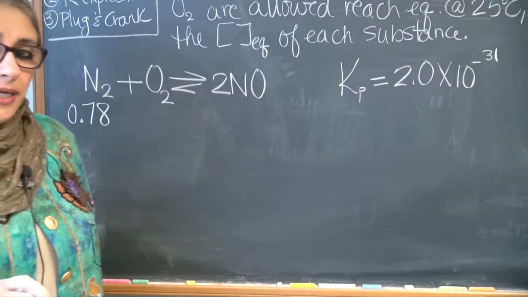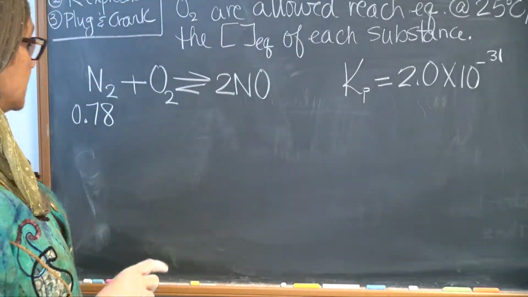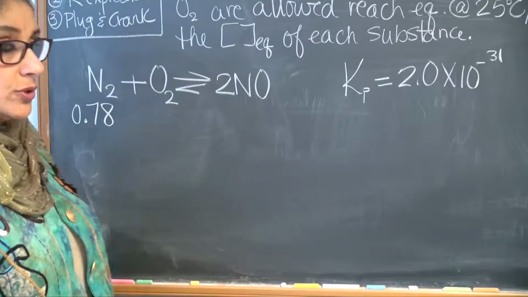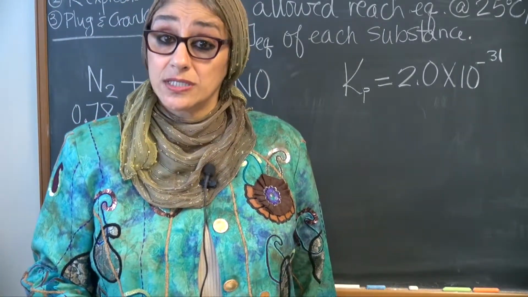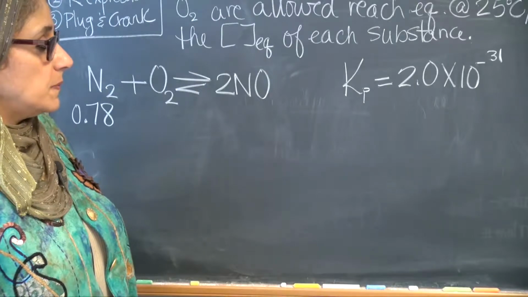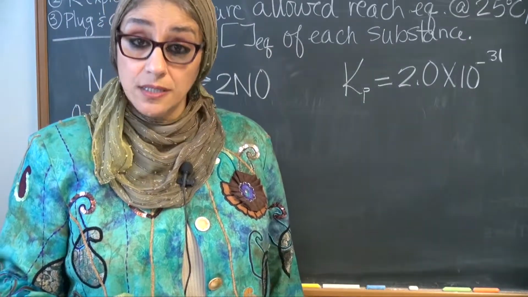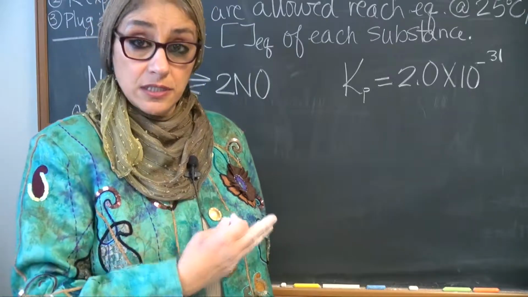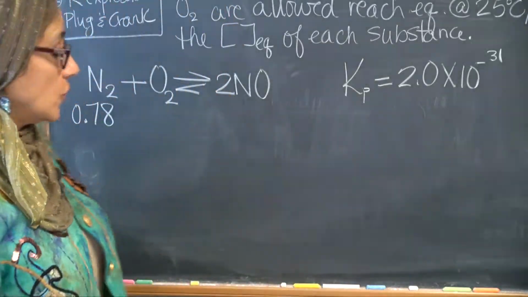Now, some of you may remember from the past video that we had the same equilibrium, and the equilibrium constant value was only 0.027. Keep in mind that the equilibrium constant value is temperature dependent. This is a different temperature that we are looking at the reaction.